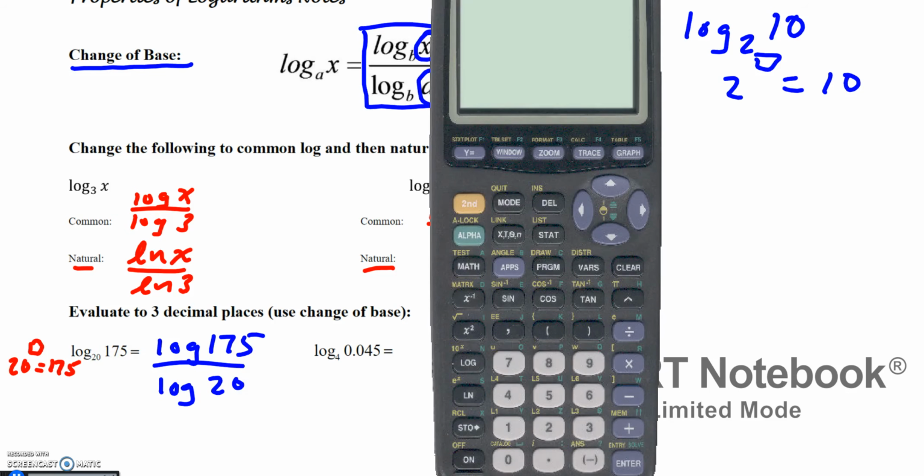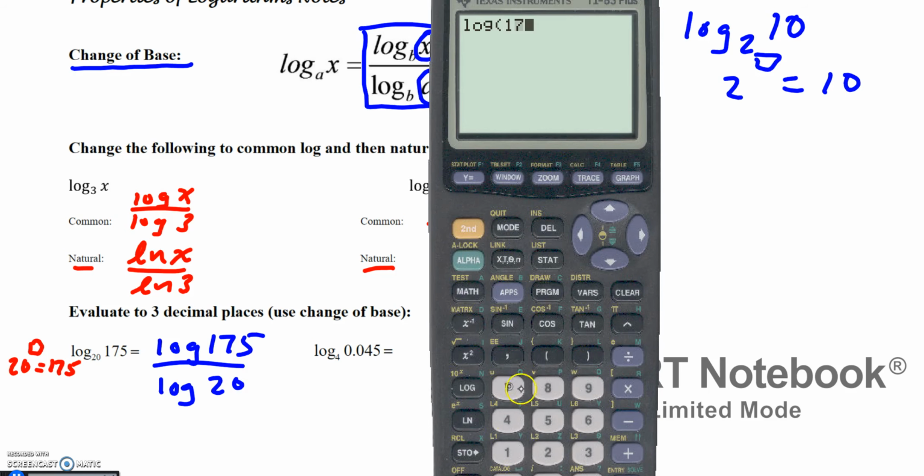If we plug this directly into the calculator, we type in log of 175, and we divide that by log of 20. And if I press enter, I get 1.724. That means 20 to the 1.724 power gives me 175.